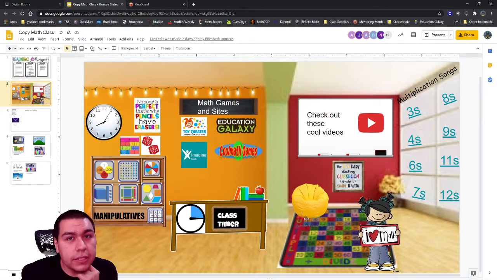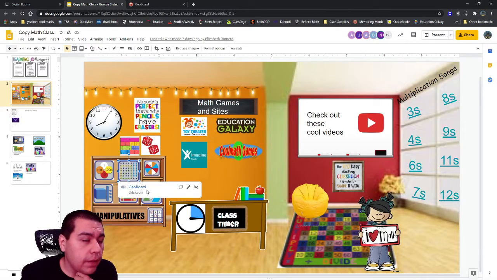It looks like a classroom. And then on the left side, there's a little bookshelf. And on that little bookshelf, there's a square. It's got some dots on it. And if you look real carefully, there's some different color lines connecting the dots. That's the picture of the geoboard. Click on it. A little white box will pop up underneath it. You'll be able to click on geo.